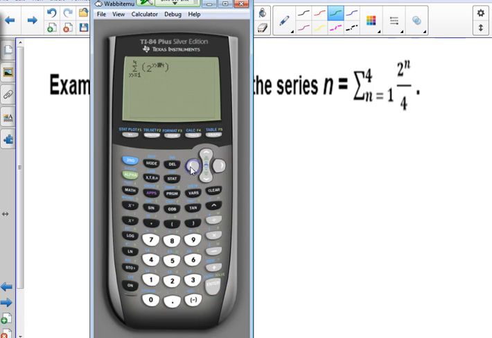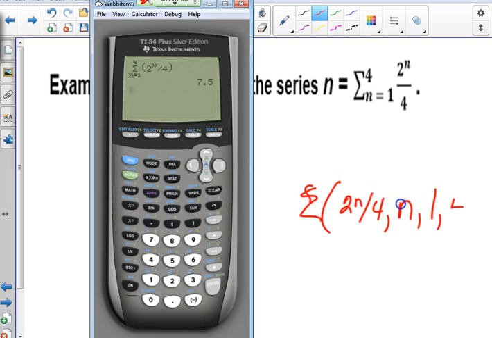Whoops, not up there in the top. Yes. Okay. And we got 7.5. So what happened with the newer one, or the older one, was we had to use the summation symbol. Then we put the formula in, the variable, and terms 1 through 4. Either way, it was 7.5.